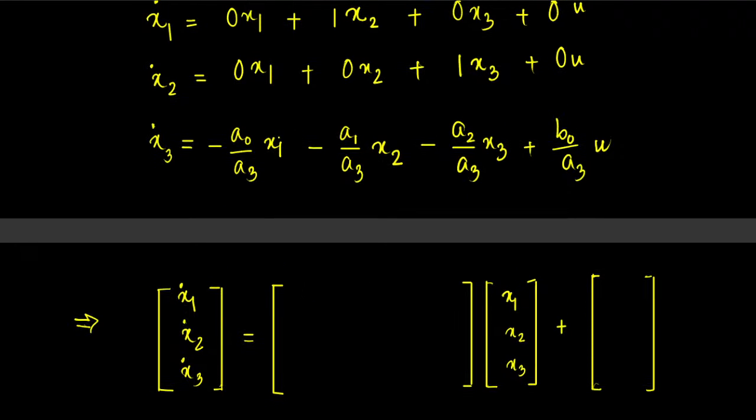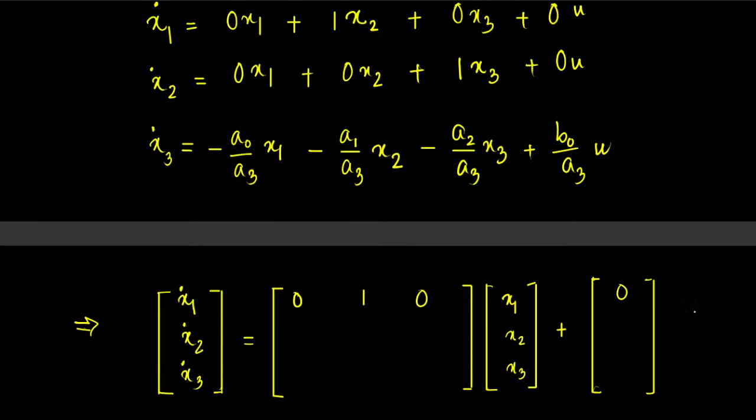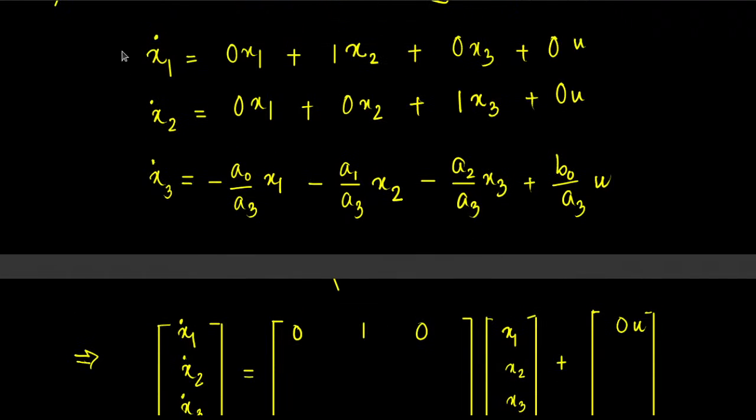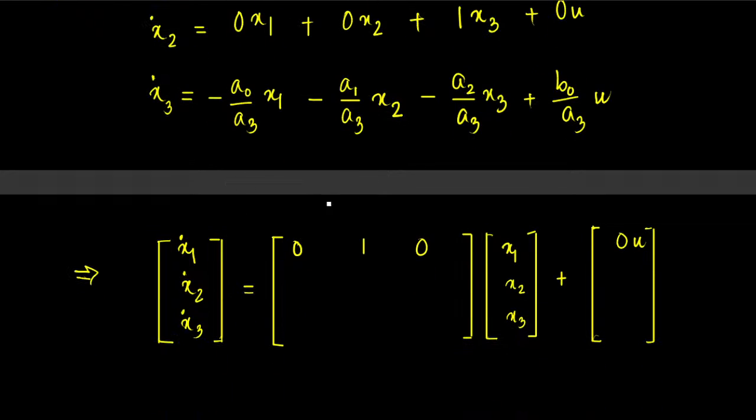So if I write the equation for x1 dot, that is 0 1 0, and here I have 0u rather. Okay, so after the multiplication, this becomes 0x1 plus 1x2 plus 0x3 plus 0u, and that is equal to x1 dot. So we already know that, right?